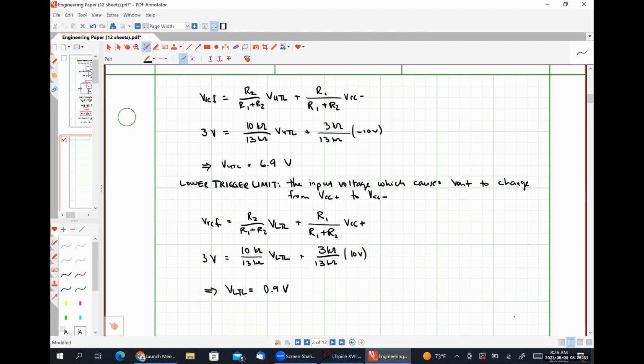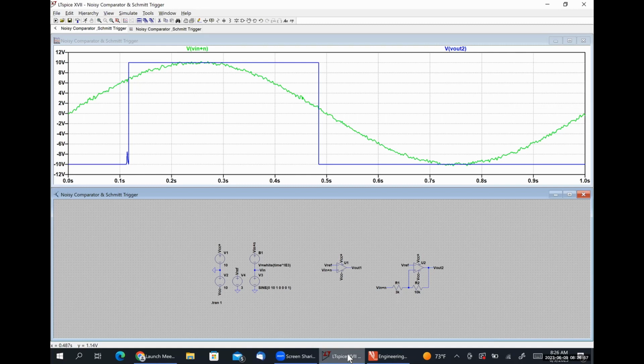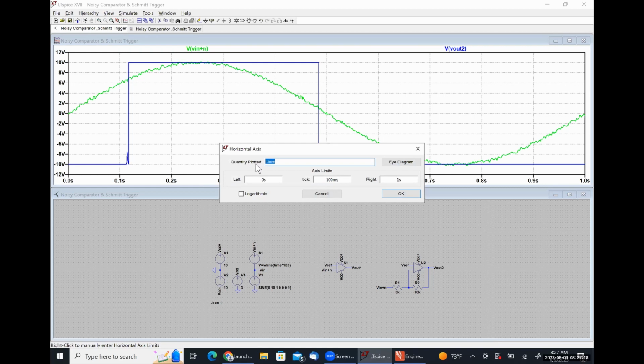So let's go back to our LTSpice diagram here really quickly. And we're going to look at this graph from a different perspective, much like we did in class on Wednesday. Instead of plotting this as a function of time, I'm now going to plot this signal as a function of input voltage.